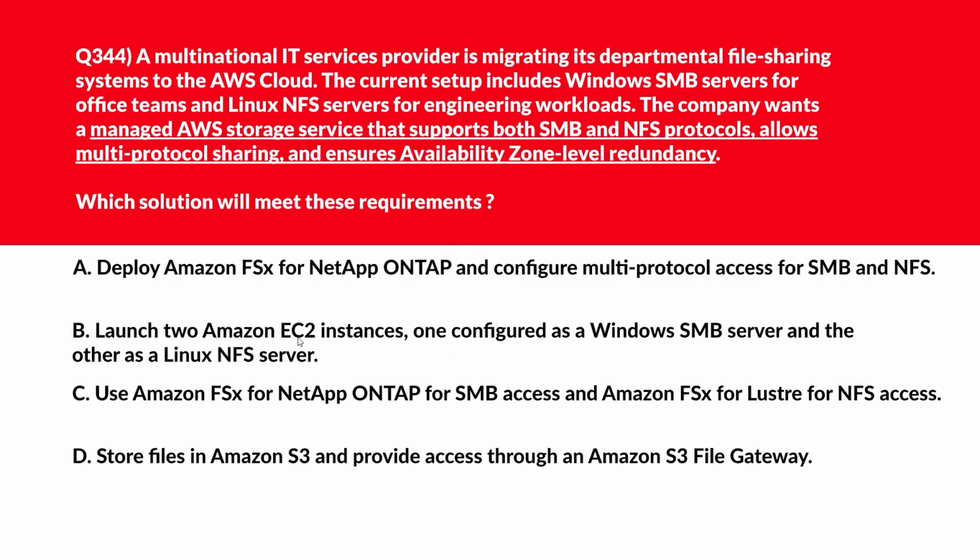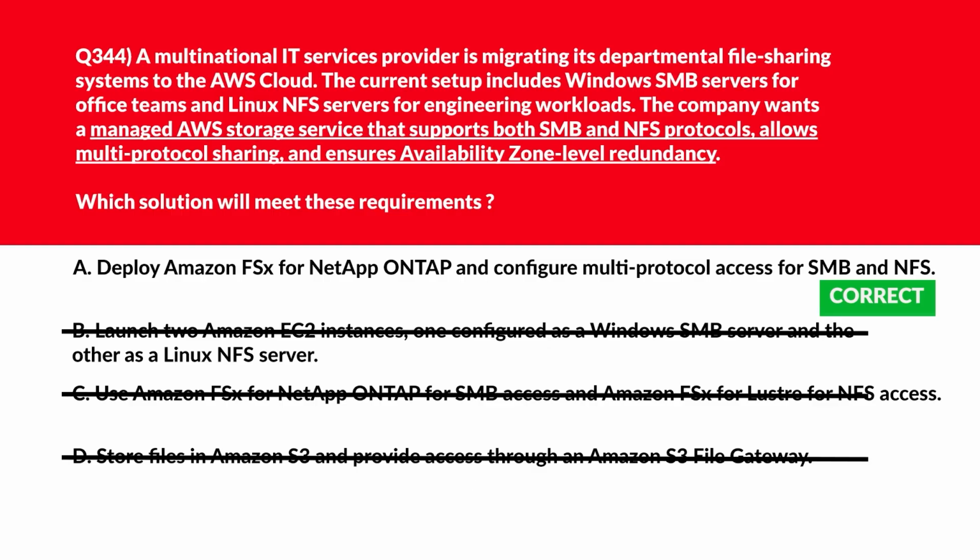Option B, EC2 servers require manual setup and maintenance, increasing operational effort. We'll reject it. Option C, FSx ONTAP and FSx Lustre split protocols across two services, preventing seamless sharing. Wrong choice. Option D, S3 with file gateway provides object storage access but lacks native SMB and NFS file sharing capability. We'll delete it. Option A is the right answer.